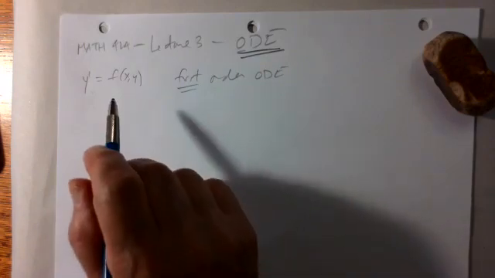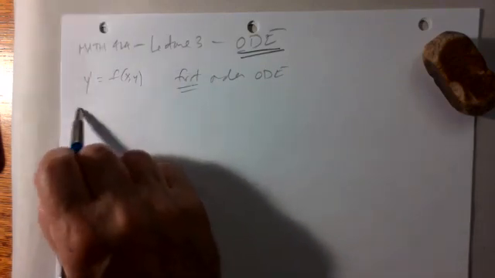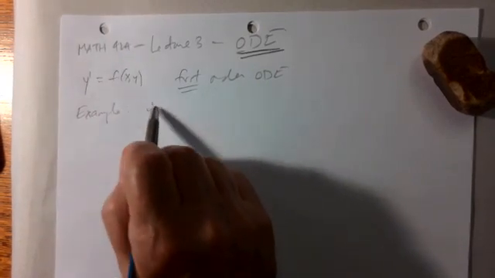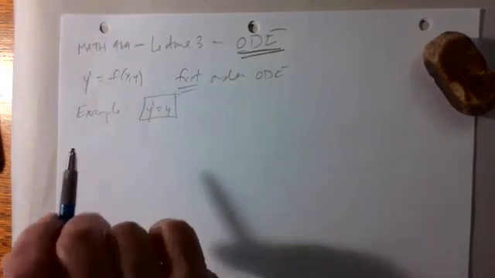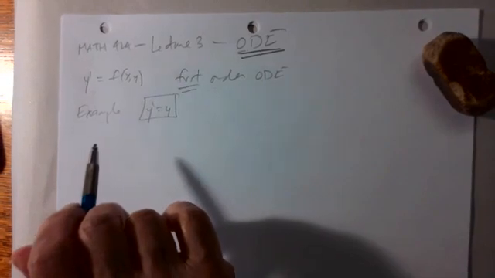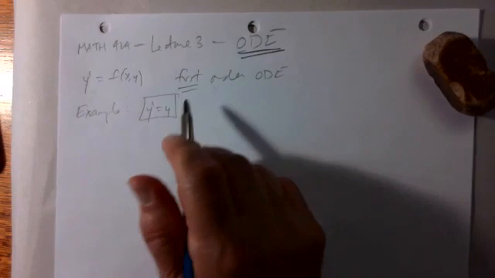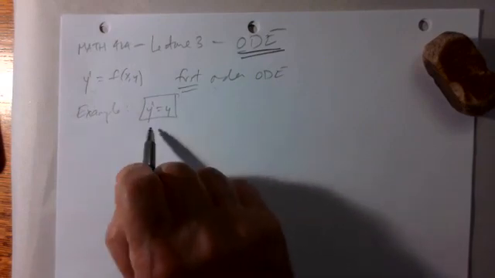Suppose we have the differential equation. This is always the fundamental example, y prime equals y. So this is a differential equation. This is an ODE.